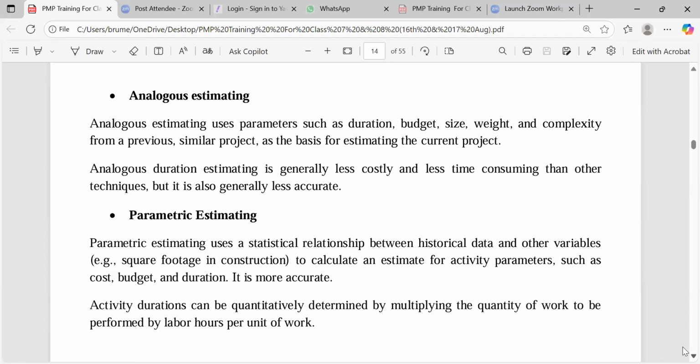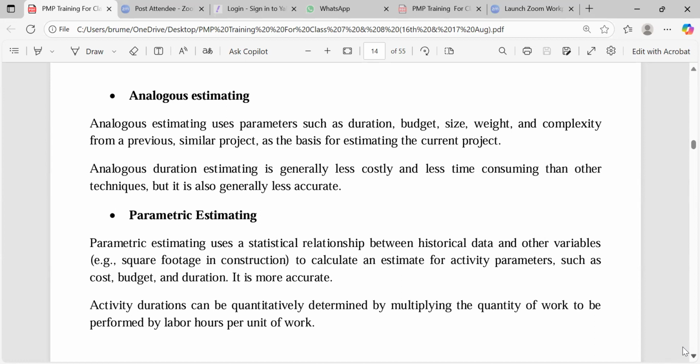So what are they? Analogous estimating and parametric estimating. Do you know what analogous is? No. Have you heard of the word historical? Yes. So this analogous is historical. It's a historical estimating method. You know, when you have done a building, carried out a project several years back, and I ask you to come and do another one, you can go back and look at the historical information of the one you did.